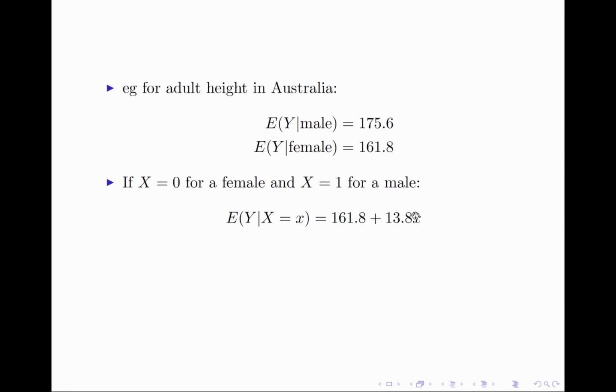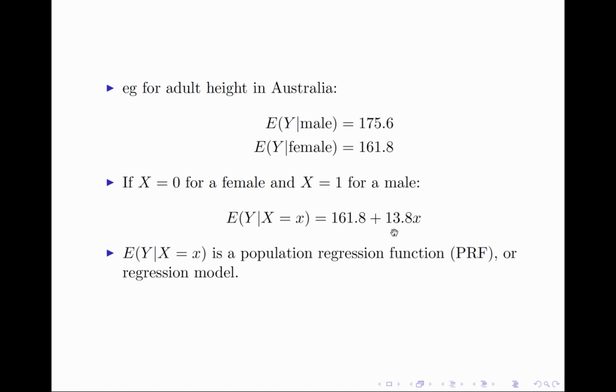So when x takes the value 1, we get the expected value for y equal to 161.8 plus 13.8, which returns that 175.6 number again. So this conditional mean that we've written down here is exactly a population regression function.